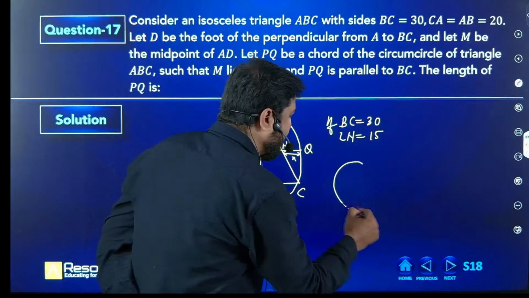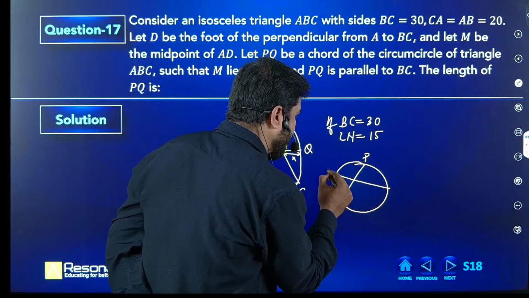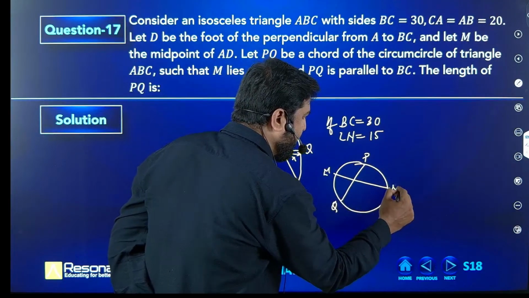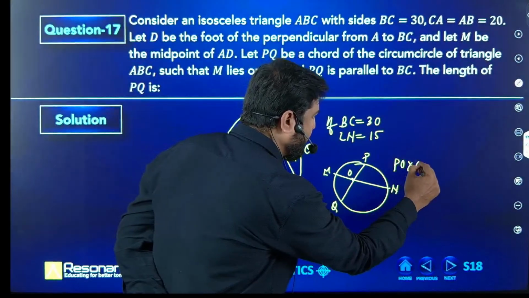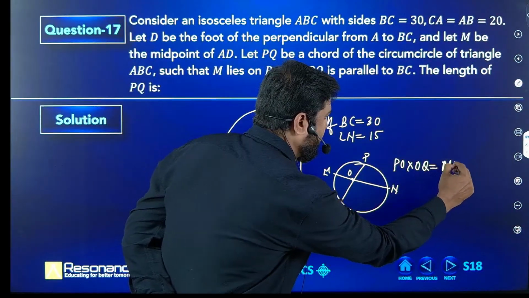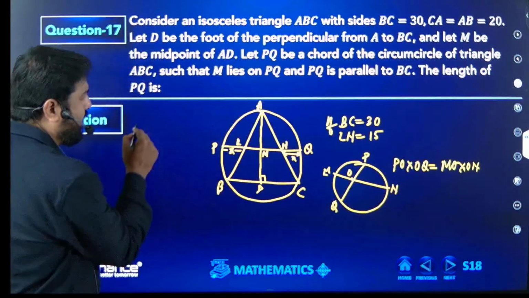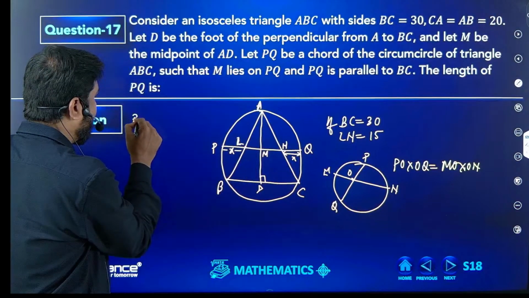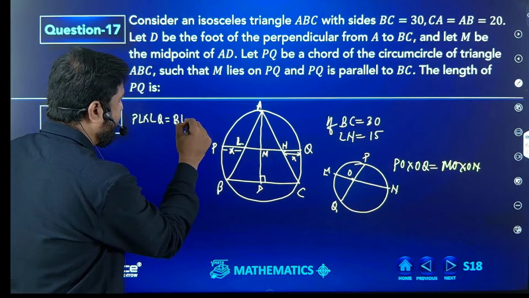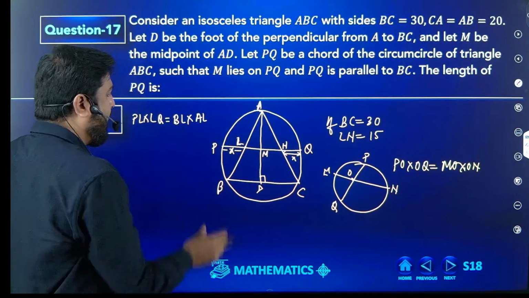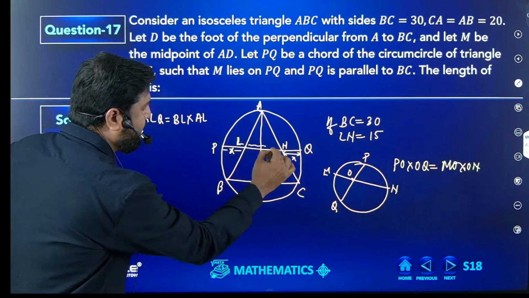You know the circle theorem: if two chords PQ and MN intersect at point O, then PO into OQ is equal to MO into ON. Applying this here with L, PL into LQ is equal to BL into AL. PL is nothing but x, and the length of LQ is 15 now.